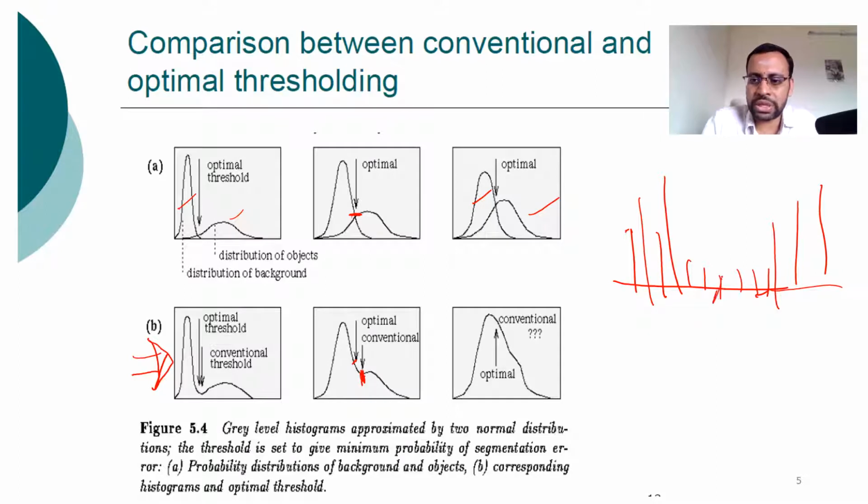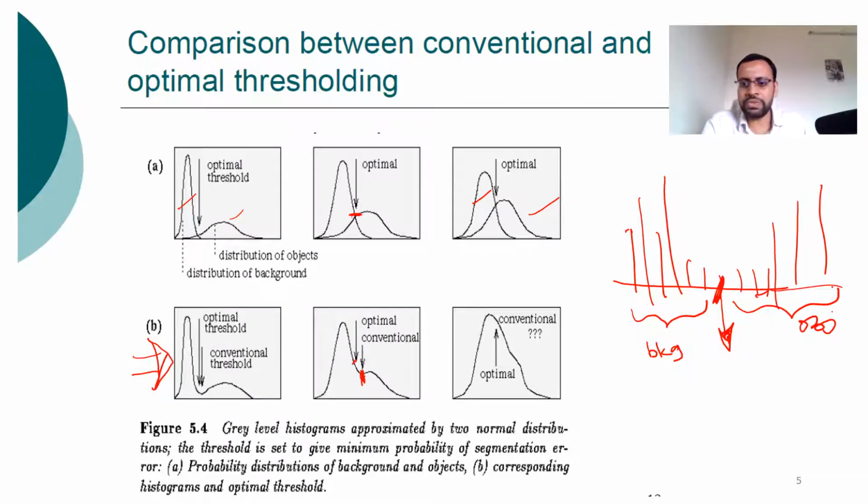For example, I'm choosing a threshold here. Then assume that this is background or object. Anyway, the goal is to separate them, so it doesn't really matter. Let me write this as the background, and this as the object.